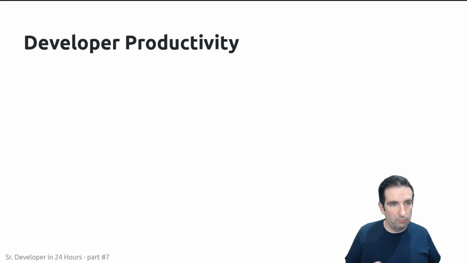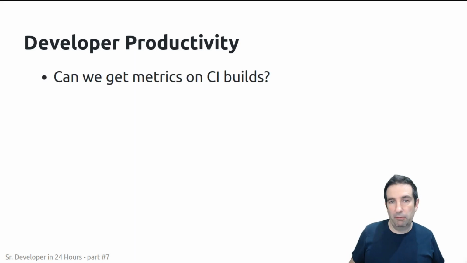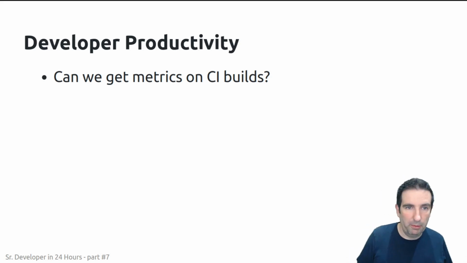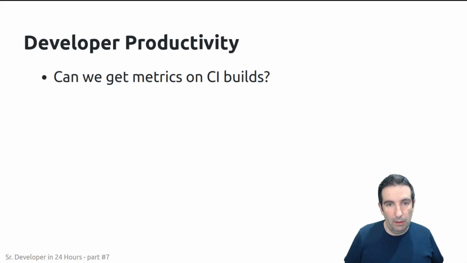Now, with that said, a lot of the things that we can do, we want to make sure that we're actually getting some metrics. We want to make sure that we are actually improving this productivity, that we're reducing the time that our developers are just sitting around waiting for the build to process.